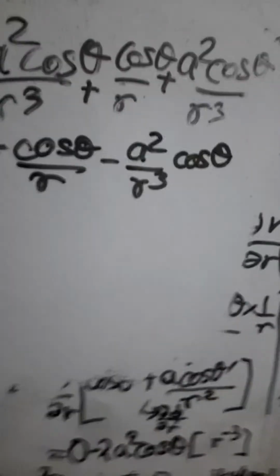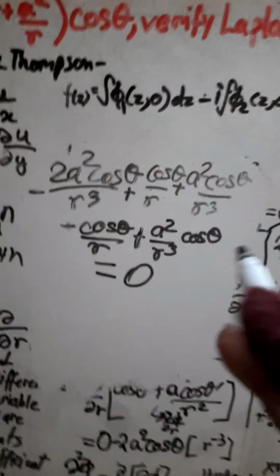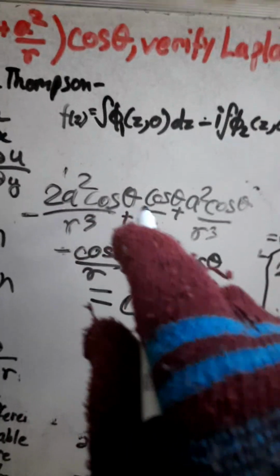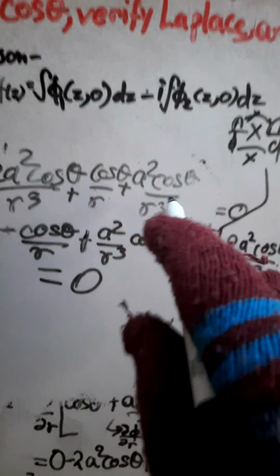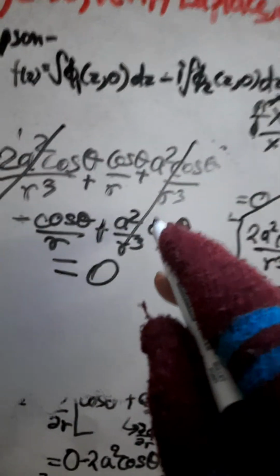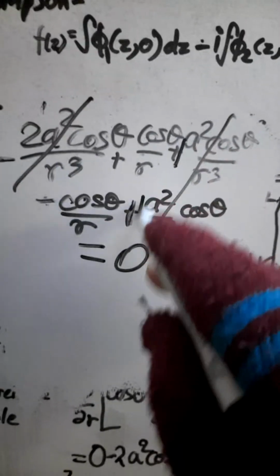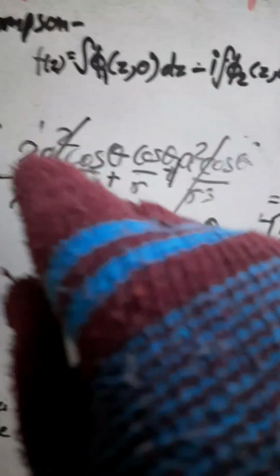I guess this is supposed to be plus or something. I did some sign mistakes here. So this was supposed to be 0, and this is actually 0, because a square cos theta by r cube plus a square cos theta by r cube, they are the same terms, so we can just add them. This is 1 here, this is 1 here, so we can add the coefficients, it would become 2.